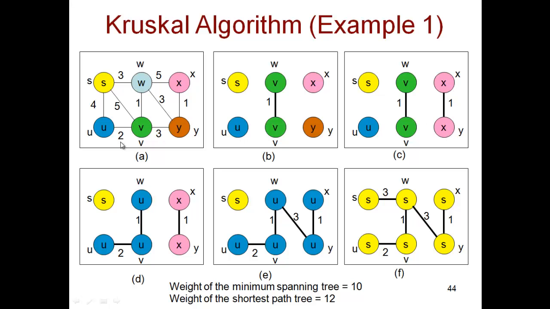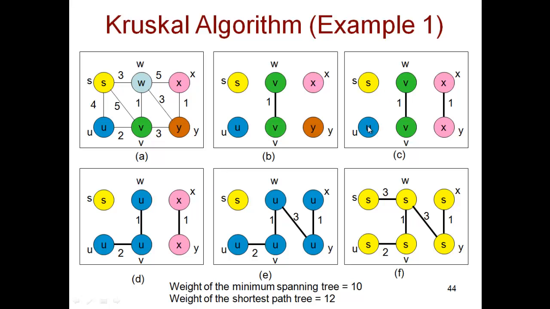The next smallest edge weight is 2, and that's connecting U and V. U is in component U, V is in component V, so you can combine them, and that's this edge of weight 2. Now when we combine them, they become part of one component.